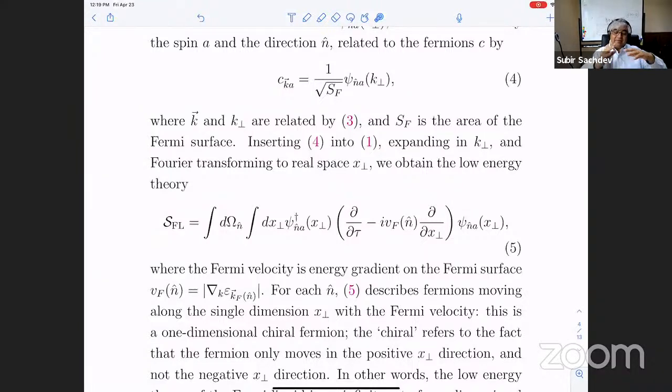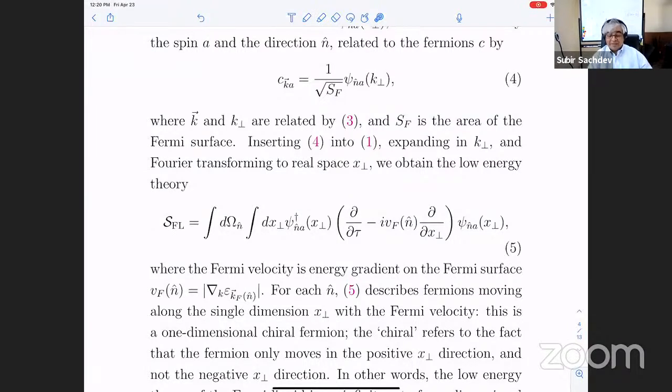But here we have an infinite set of these chiral fermions, and they all interact with each other. And that interaction, as Landau taught us and as we showed earlier in the course, doesn't lead to breakdown of quasiparticles, but to normalization of the dispersion, and also introduces some Hartree interaction between the electron densities at different points on the Fermi surface.